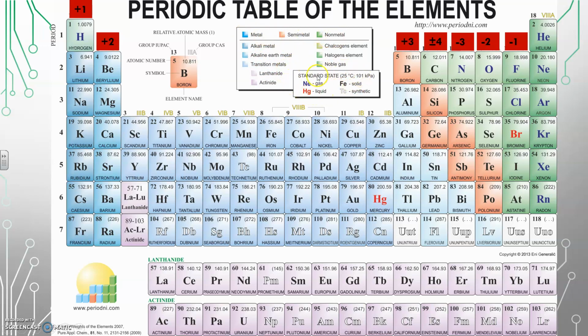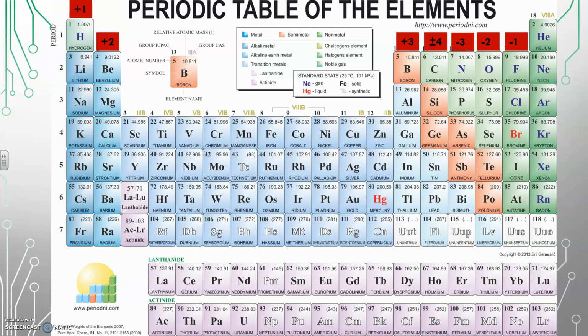And if you'll notice here, it also has the state of matter, whether it's solid, liquid, or gas. You'll notice that the majority of the elements, especially most of the metals, are solids at room temperature, and this is in their most common form.